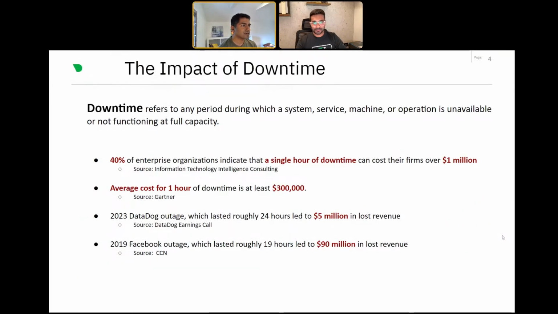So I'm going to start by talking about the impact of downtime. I know that to this audience, I don't really need to explain or define what downtime is, but I'll do it very briefly anyway. Downtime refers to any period during which the system, the service, a machine, an operation, or even your entire infrastructure is unavailable or not functioning at full capacity.